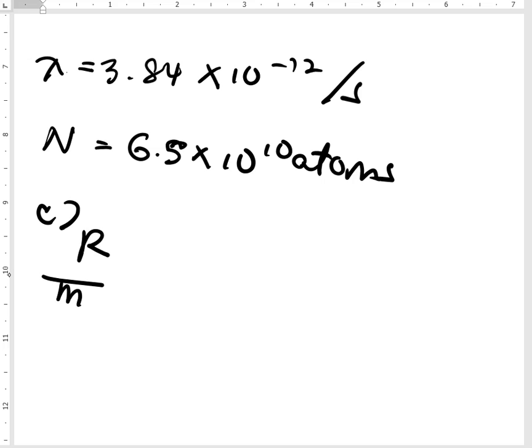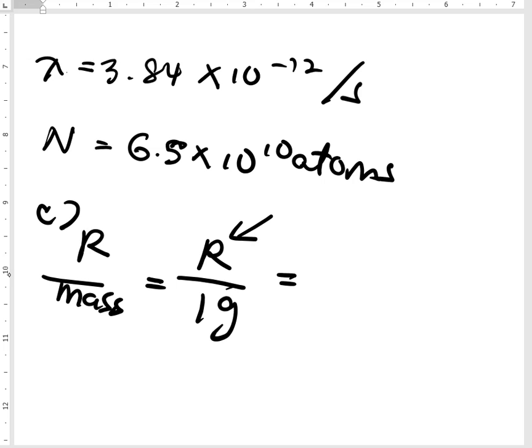So R over mass is equal to R over 1 gram, because I was given 1 gram. I know R is the activity, and the relation is R equals lambda times N divided by 1 gram.